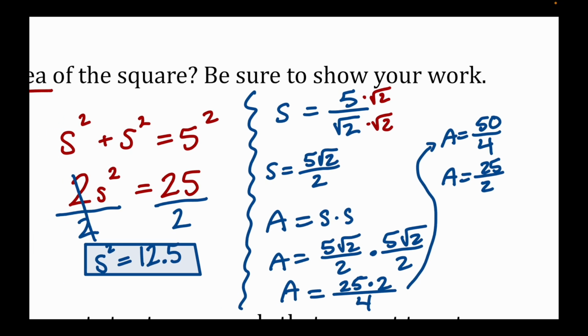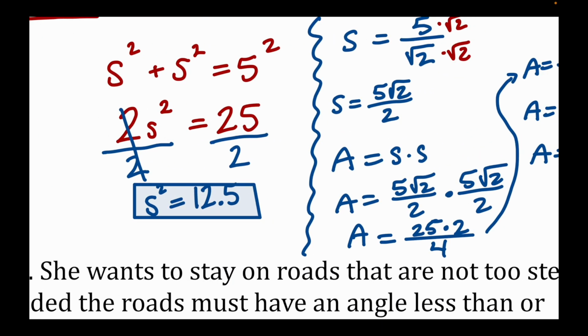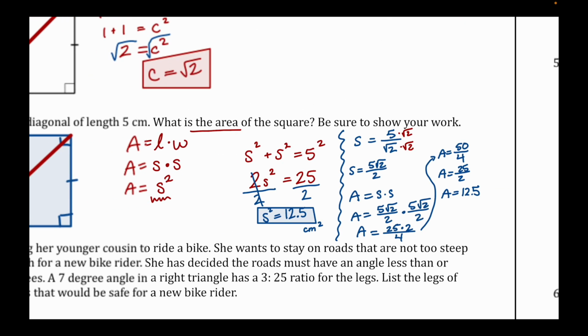And look at that, 25 divided by 2. And that gave me the 12.5. So yeah, your area would be 12.5. And since this is centimeters, we can even say centimeters squared.